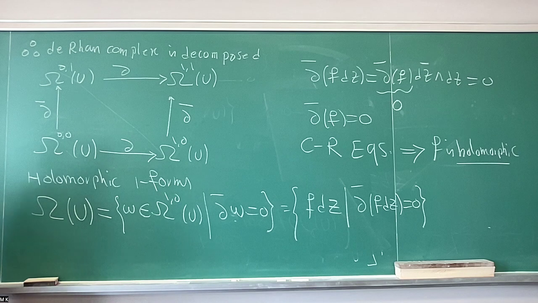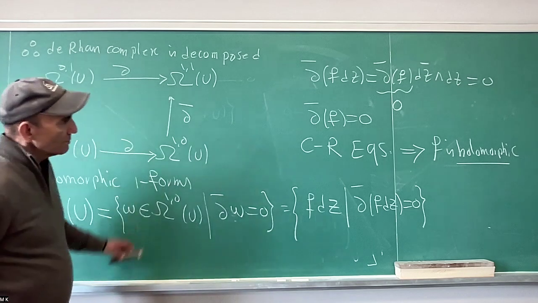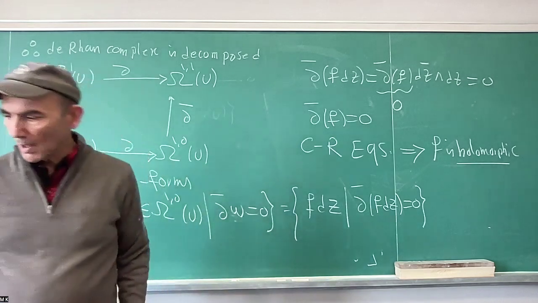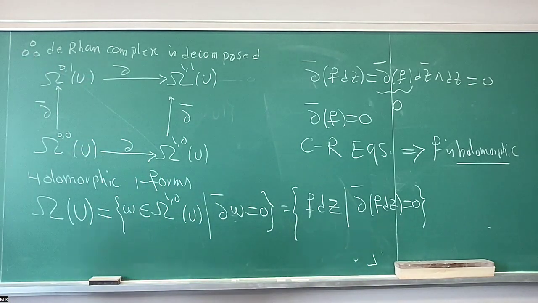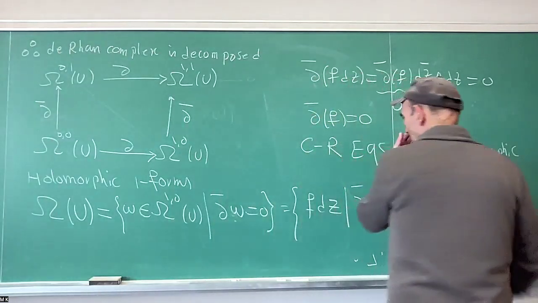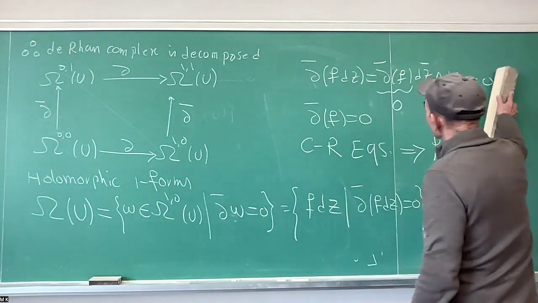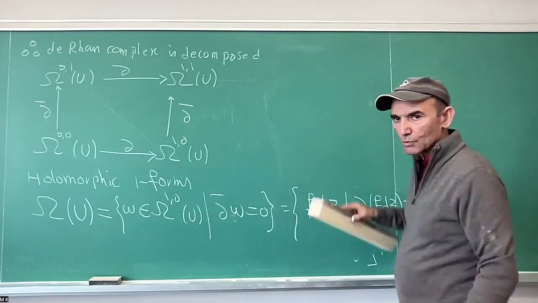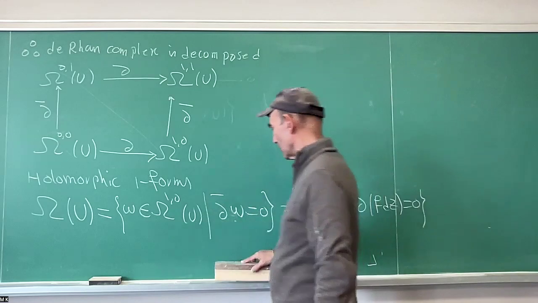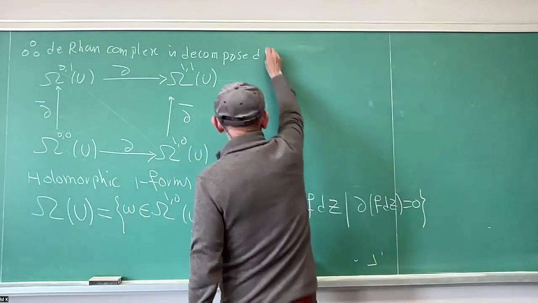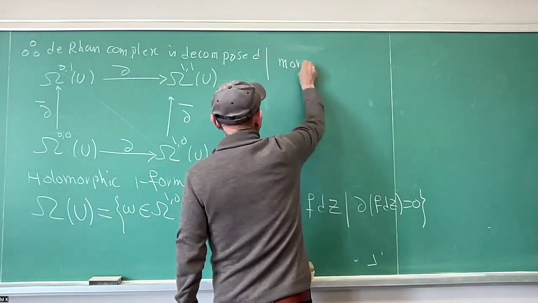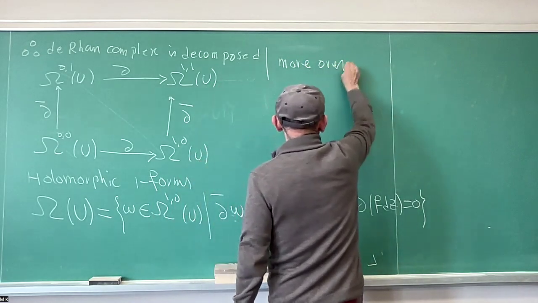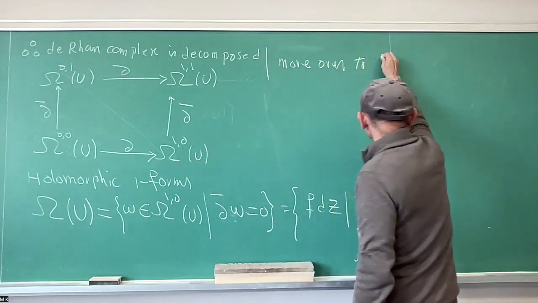Okay, so now we have that. What I want to say now is that we want to move this to manifolds, to Riemann surfaces. So the next step is, because doing things over U is not enough, now move everything over to Riemann surfaces.